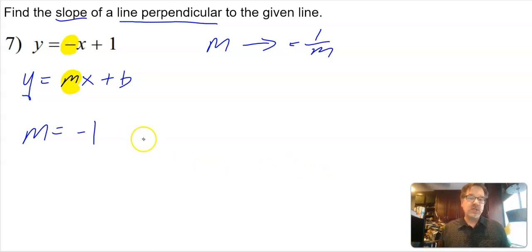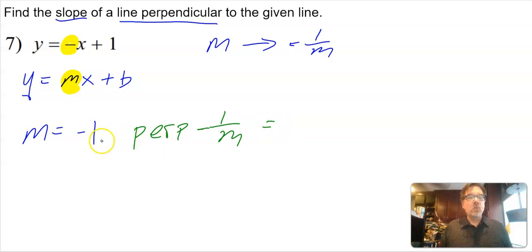Negative 1. So the slope I want to go perpendicular. Perpendicular says take m, flip it upside down, change the sign. Flip it upside down and change the sign.